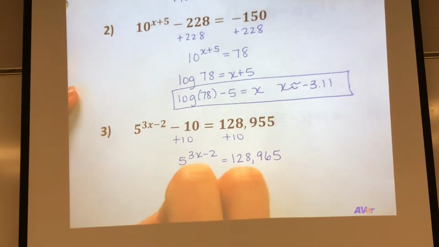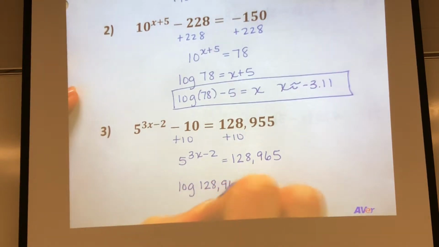We're going to say log of that big number, 128,965, base of 5 equals our exponent. So equals 3x minus 2. So in order to solve this more, we've got to get x by itself. So we're going to have to add the 2.